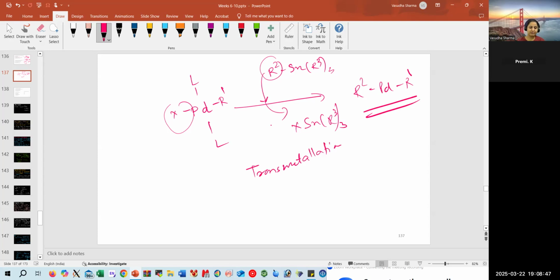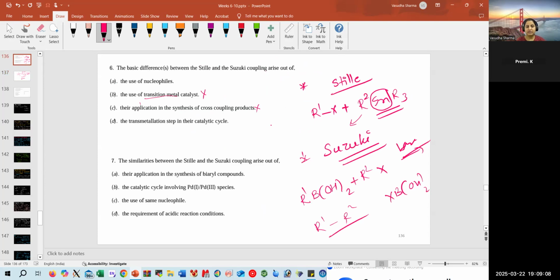A similar process happens when it is treated with a boronic acid, where it forms XB(OH)2 and a base is there. In that case also, it takes up the X from your system, giving its R2 to the palladium, and X would be taken up by the boron. So that's where we are saying that the transmetallation step in their cycle is different, because in one case Sn is involved and in another case boron is involved.